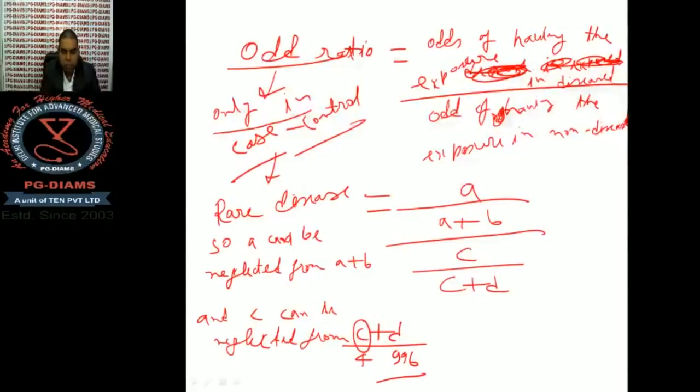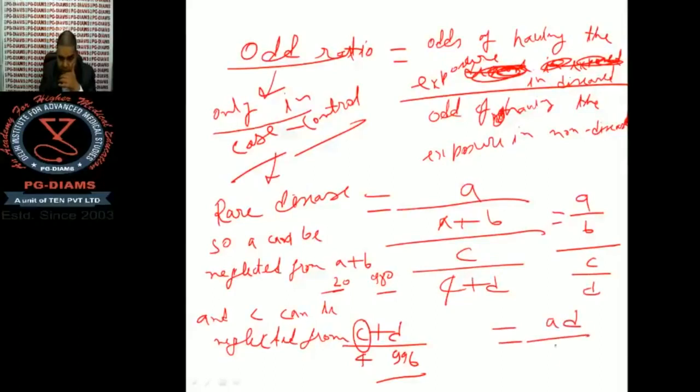Again, A is only 20, whereas B is 980, so 20 can be neglected in terms of 980. So if we remove this A and C from the denominator, what will we get? We will get A by B divided by C by D, and this will come out to be AD by BC, because this will go upward.